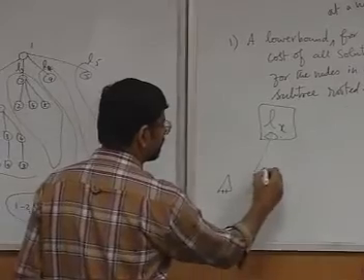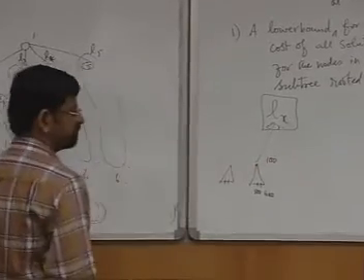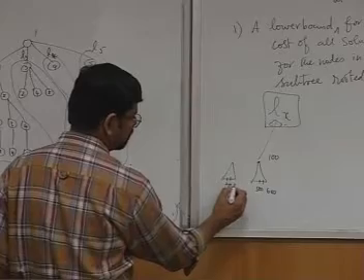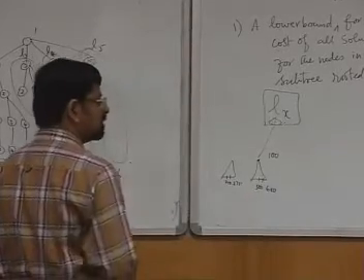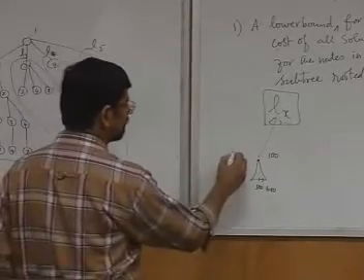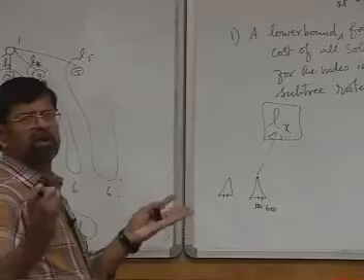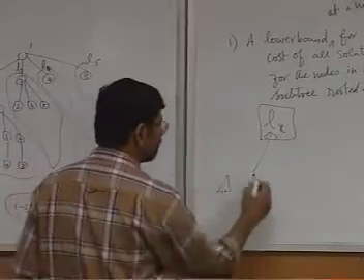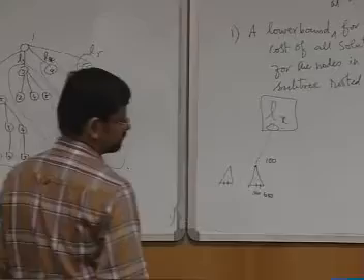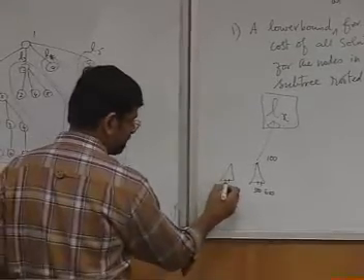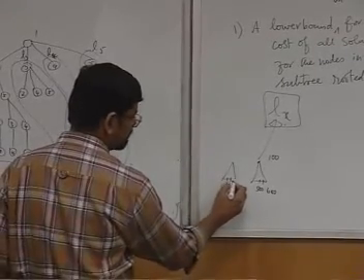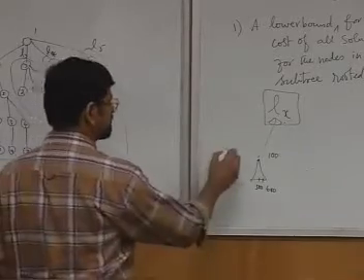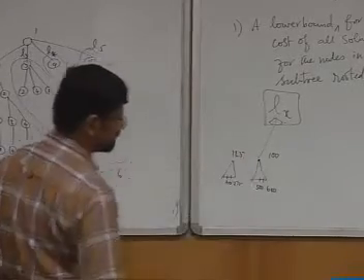The lower bound may be 100. And the cost of this solution is 250, the cost of this solution is 275, and your lower bound process has yielded 125 as an estimate.